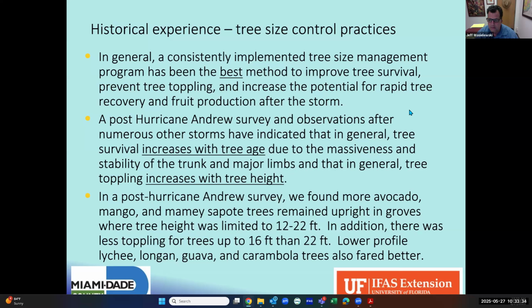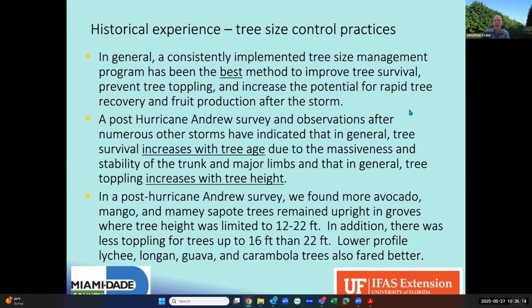And so we found several things: that tree survival increased with the age of the tree, and that's because larger trees have this massive trunk and limbs, which helps to stabilize the tree up to a point. However, as the trees increased in height, you could have a massively big tree, but if it was super tall, it probably fell over or was pulled out of the ground. So there is a limit to how massive trunks and limbs can stabilize a tree.